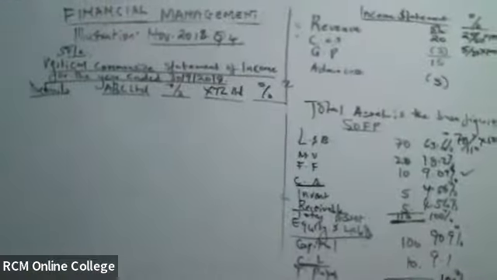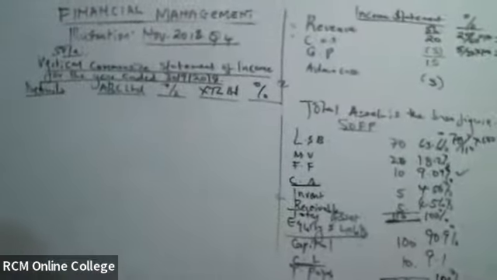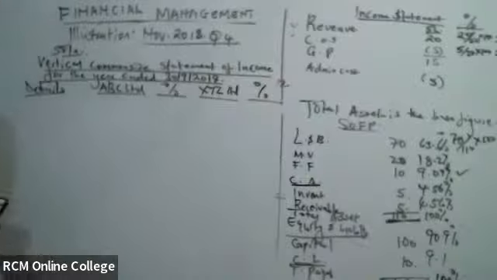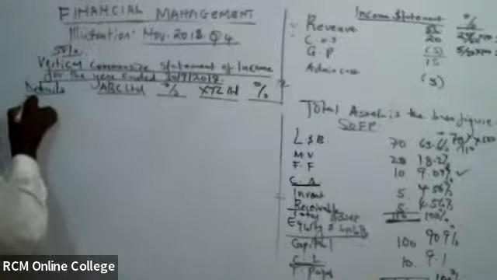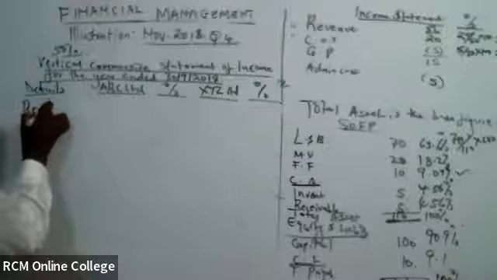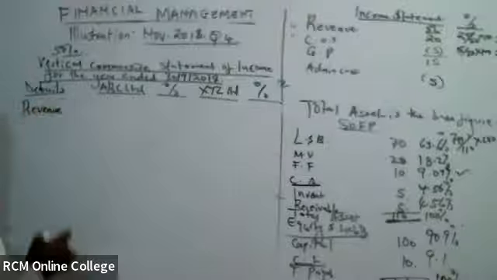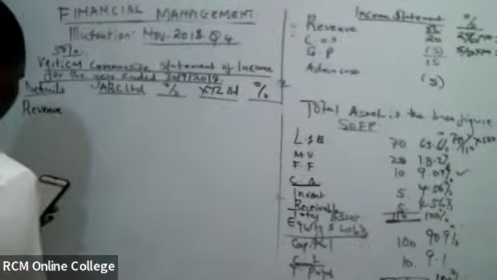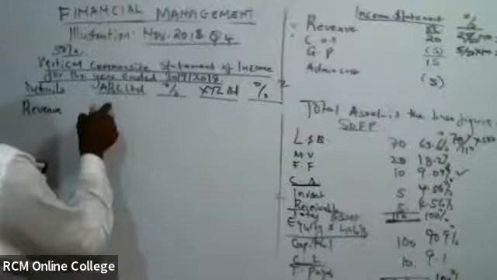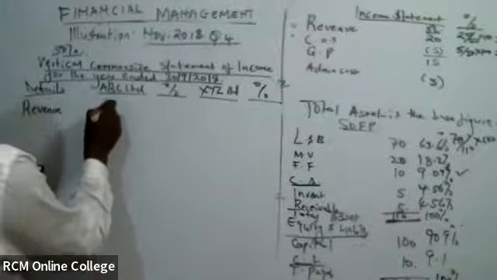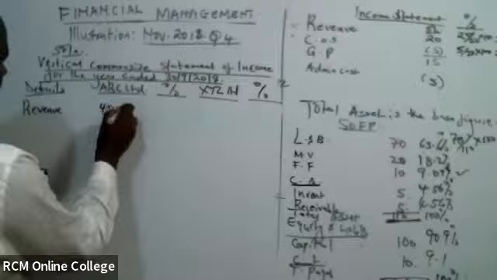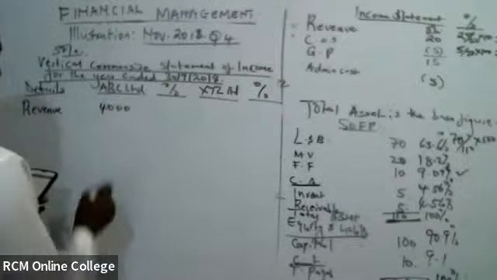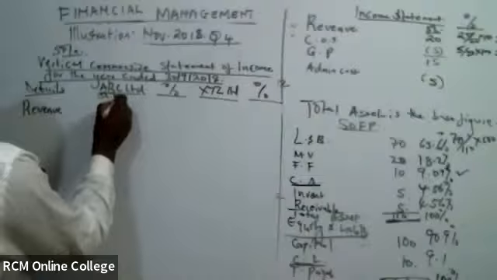So with that, you can have the first item, which is revenue, cutting across. The revenue for ABC Limited is 400,000. Of course, shillings are in million.